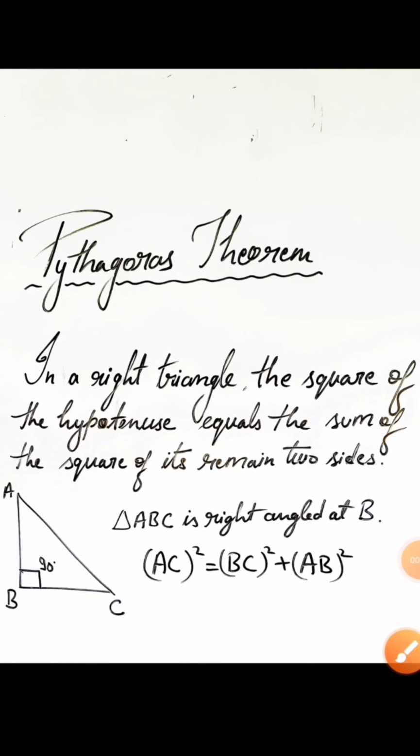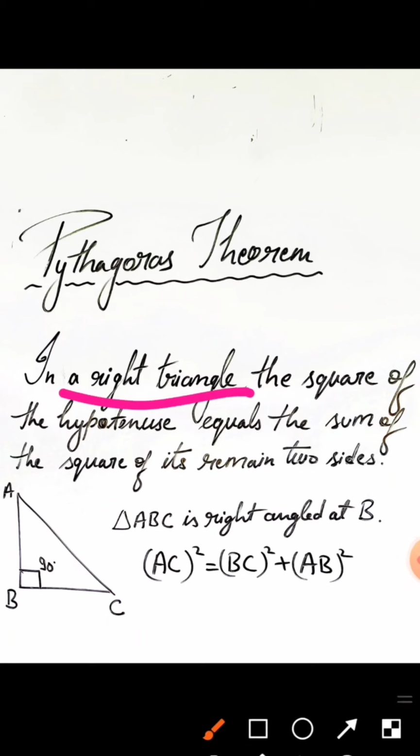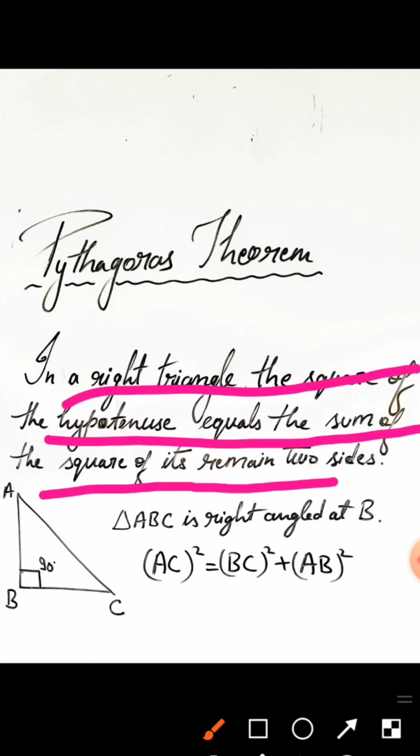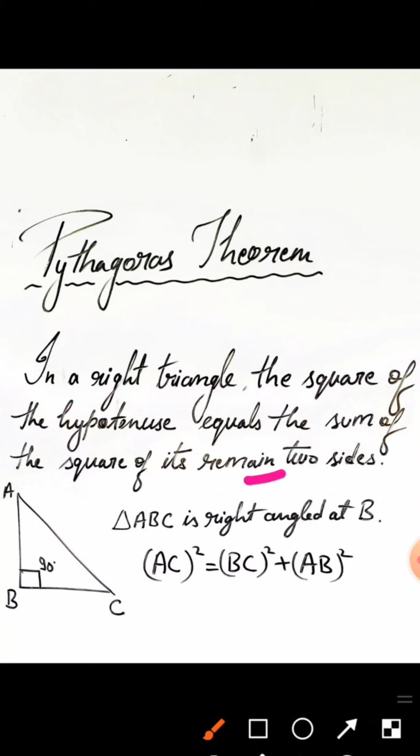So Pythagoras theorem says that in a right triangle the square of the hypotenuse equals the sum of the squares of its remaining two sides. I forgot to write the "ing" here, you will write it by yourself. It means the hypotenuse square, this side AC is the hypotenuse. Hypotenuse square is equal to the sum of squares of its remaining two sides.